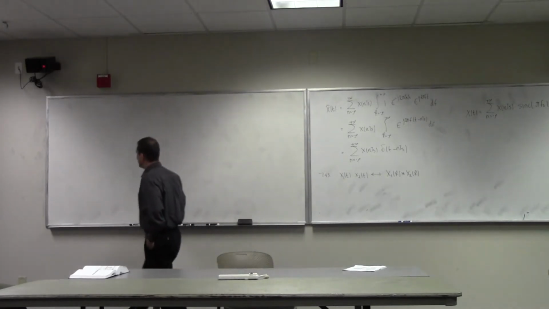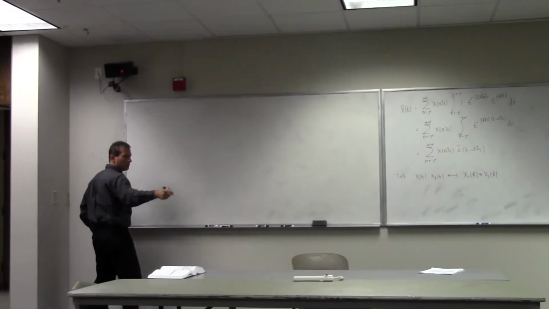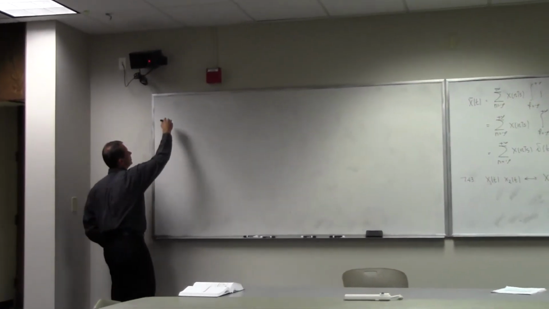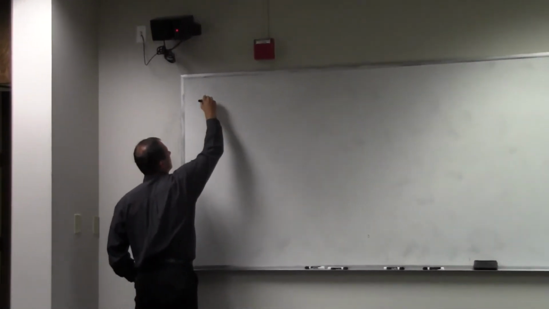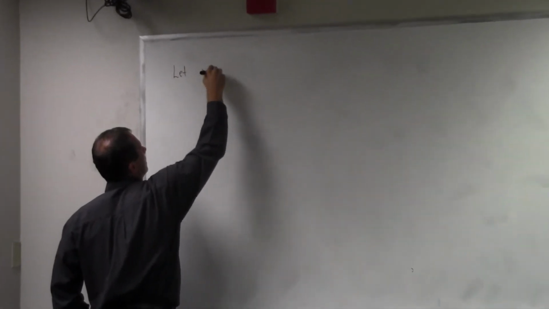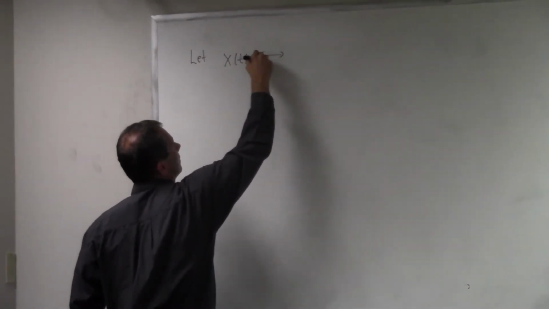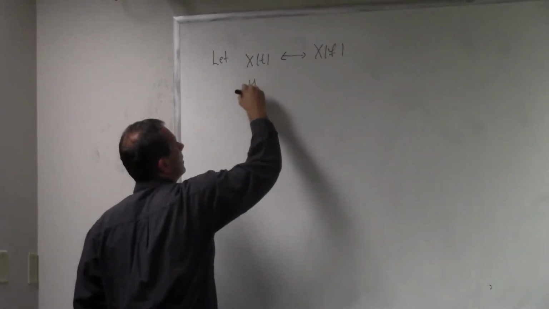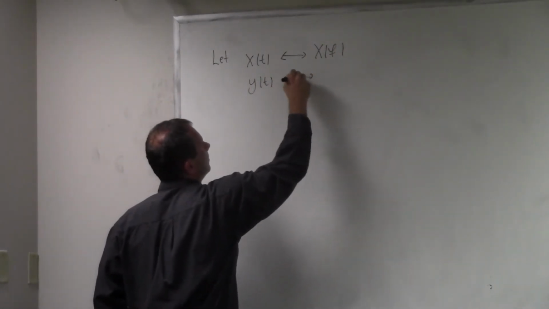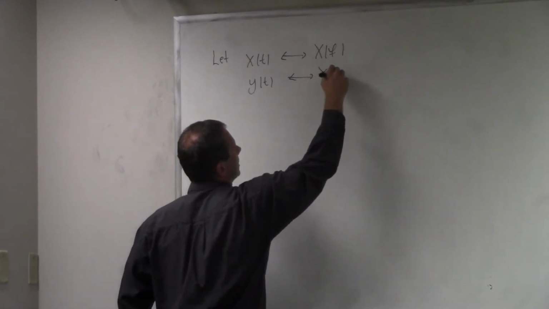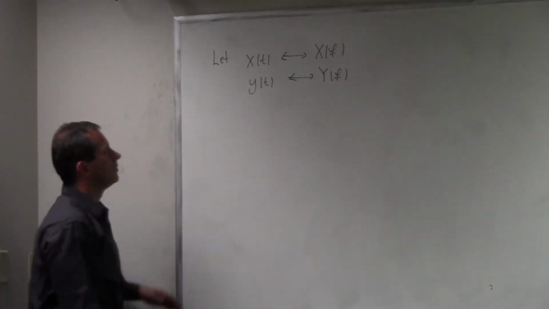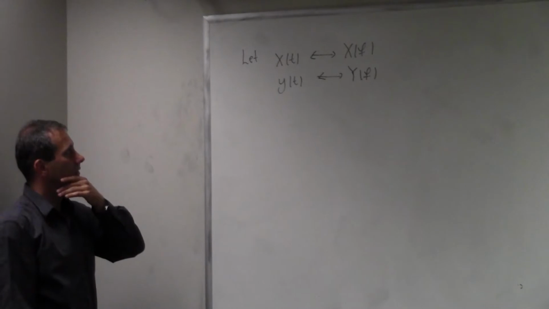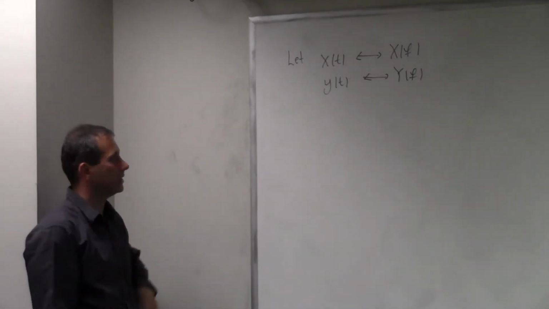And here's the question. Before we go to that problem, here's what you need to know. Let x of t and x of f be Fourier transform pairs, and y of t and y of f be Fourier transform pairs, right? So I have two functions, x of t and y of t, and these are their Fourier transform pairs.